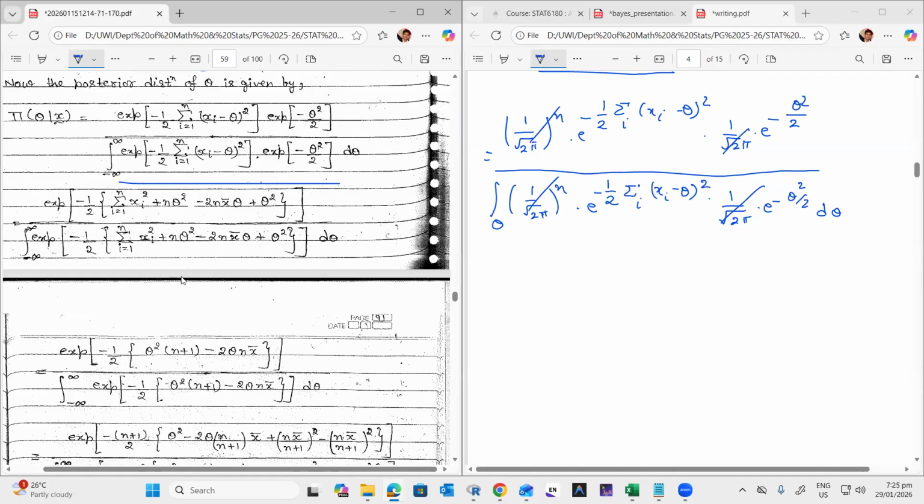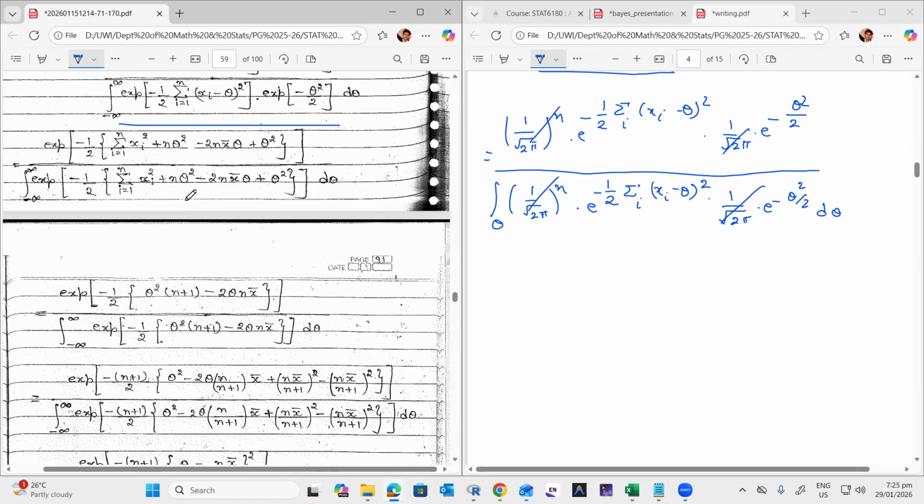Now we will do the same thing again as we did earlier. We will expand the summation and the square term. So it will be xi square plus n theta square minus 2n x bar theta.